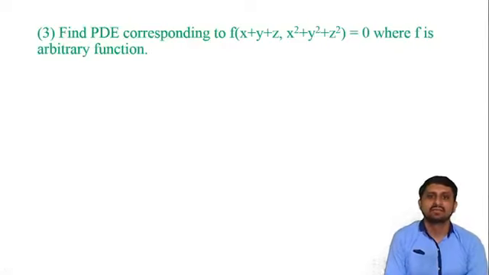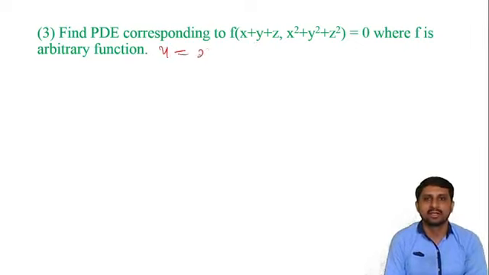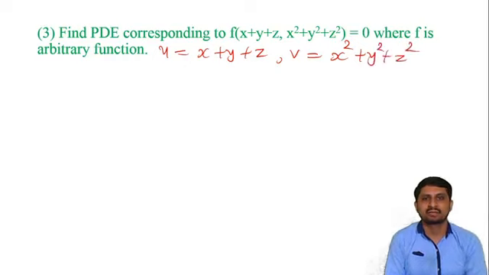Find the PDE corresponding to this equation: f of x plus y plus z, x square plus y square plus z square, is equal to 0. So here u is equal to x plus y plus z, and what is v? V is nothing but x square plus y square plus z square. Okay.